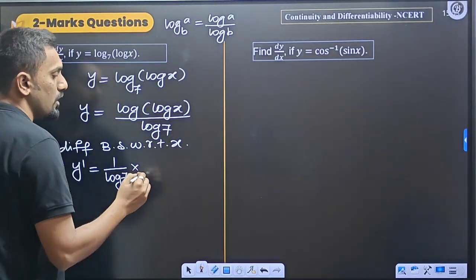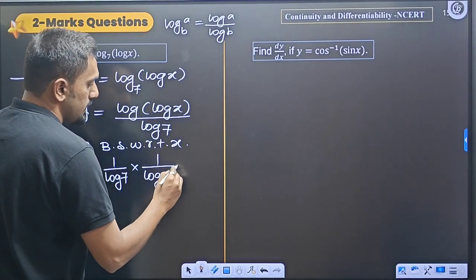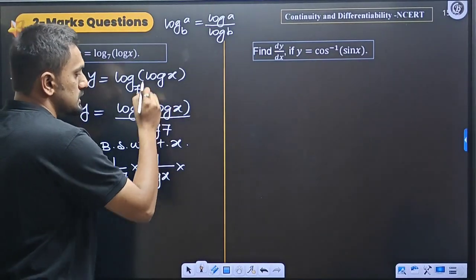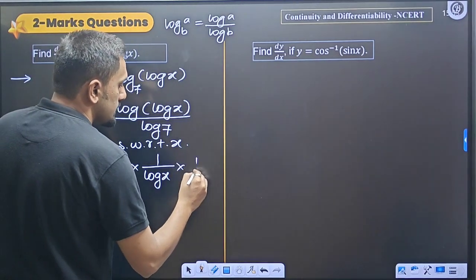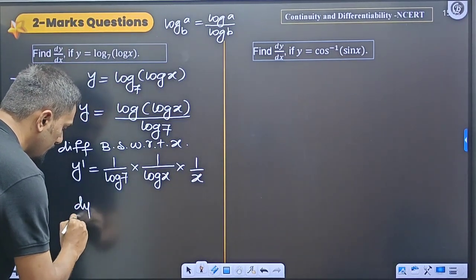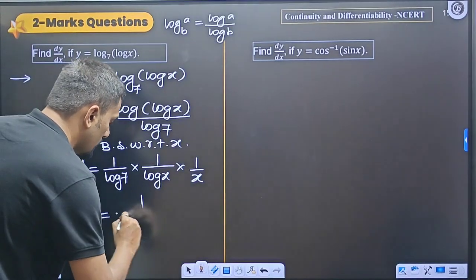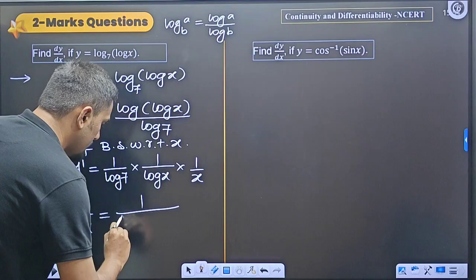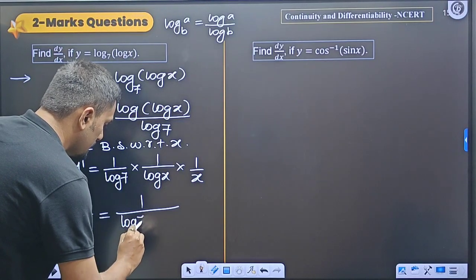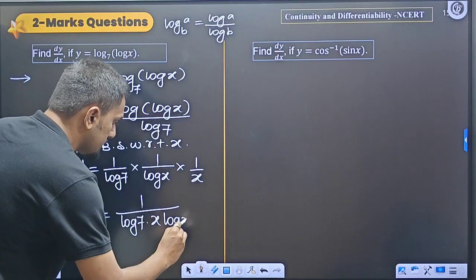What is the derivative of log x? 1 divided by log x into derivative of the innermost function. Derivative of log x is 1 by x. So the answer is dy by dx is equal to 1 divided by log 7 into x log x.